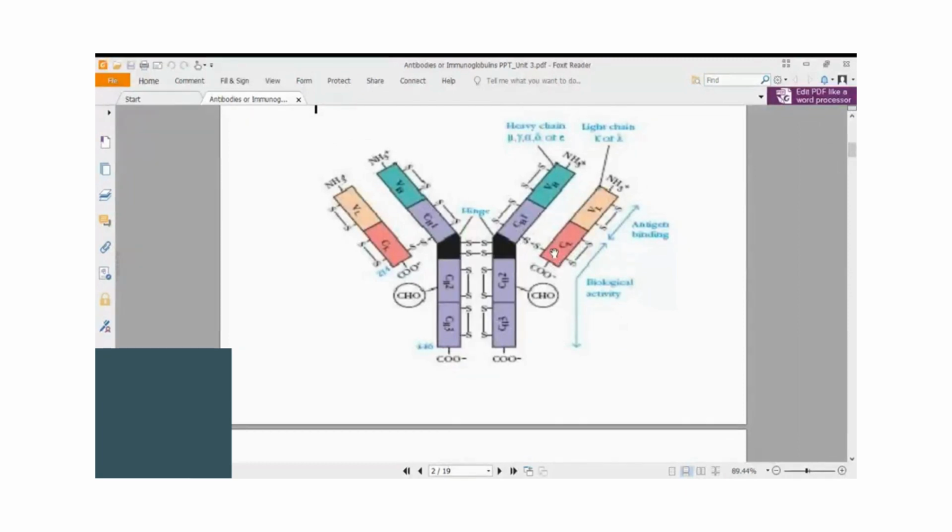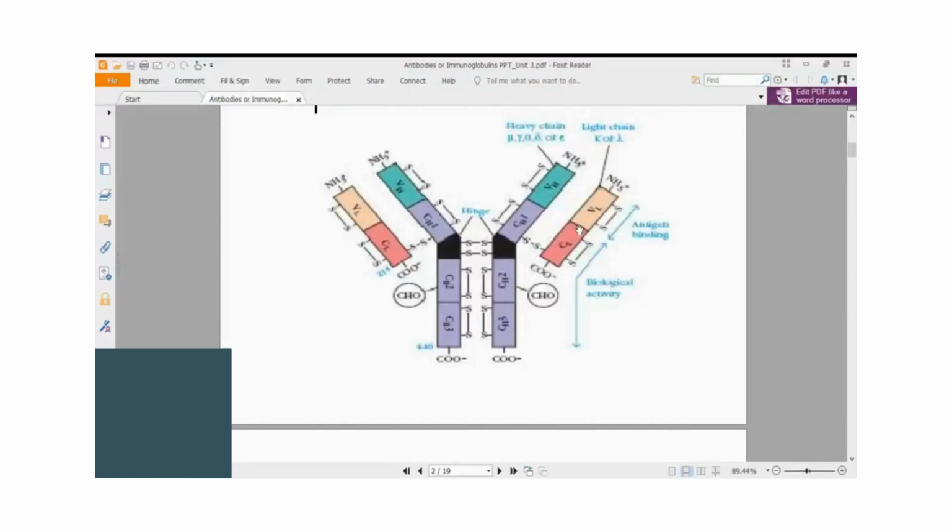Okay, so 60% of the time when antibodies are produced, they are made up of kappa chain in the light chain region. Okay, 60% of the antibody molecules will contain kappa chain, and approximately 40% of the time it will be lambda chain.